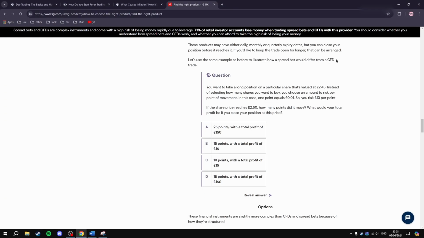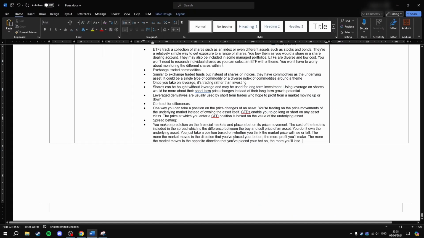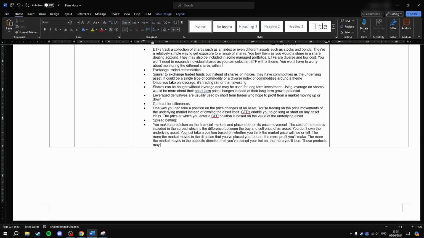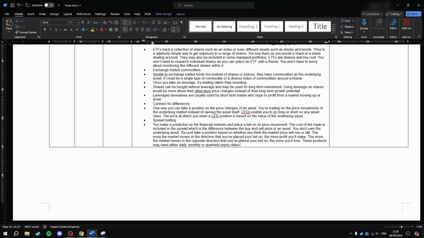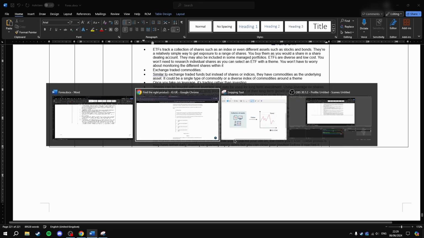These products may have either daily, monthly or quarterly expiry dates, but you can close your position before it reaches it.